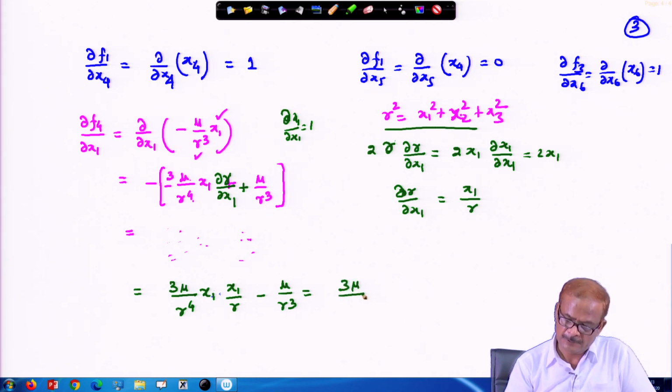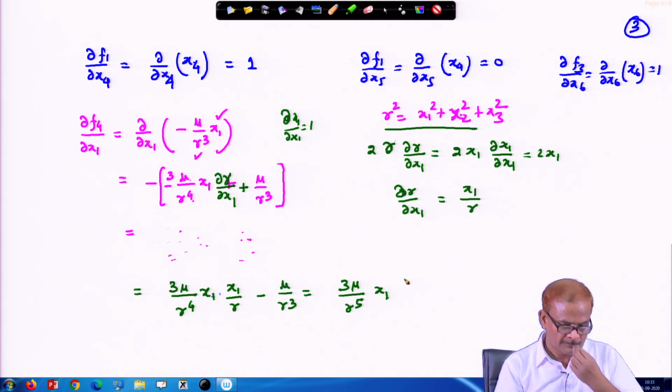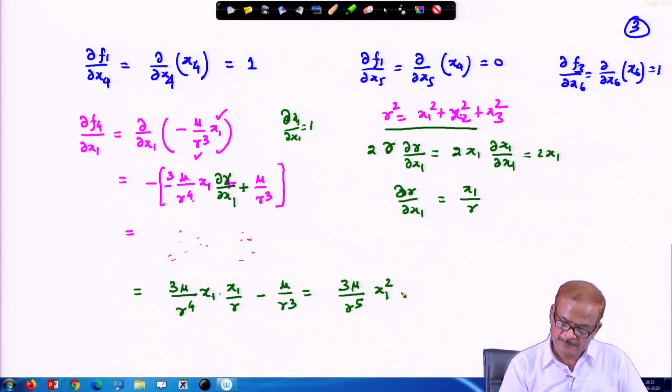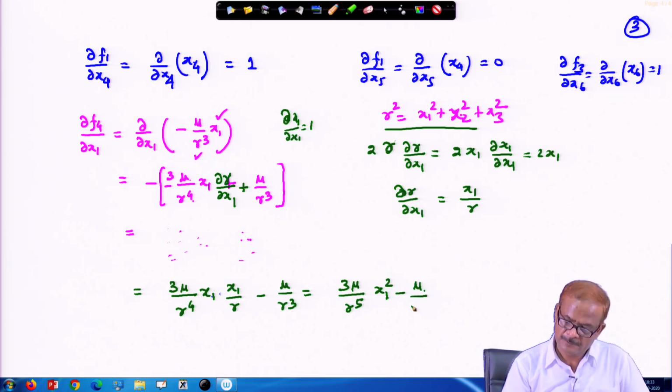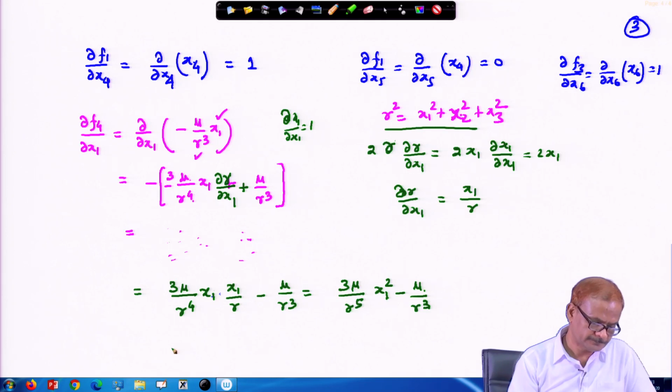This is 3 mu by r to the power 5 x 1 square minus mu by r cube.